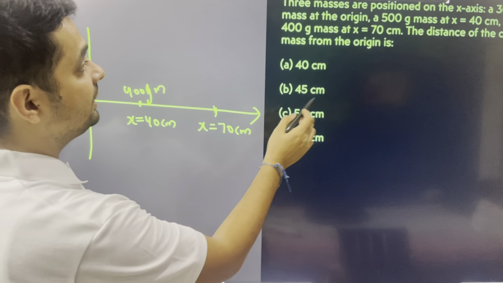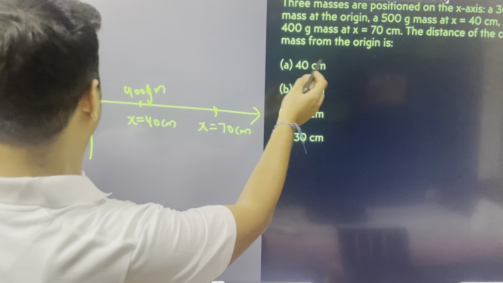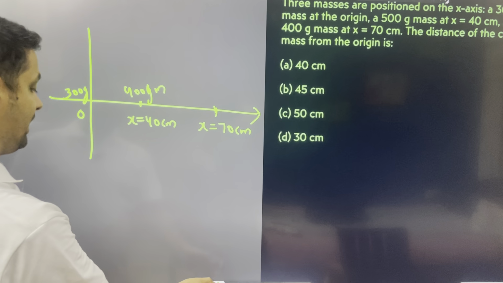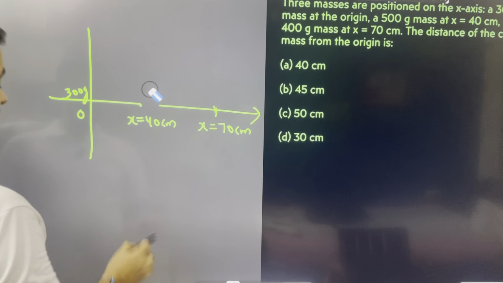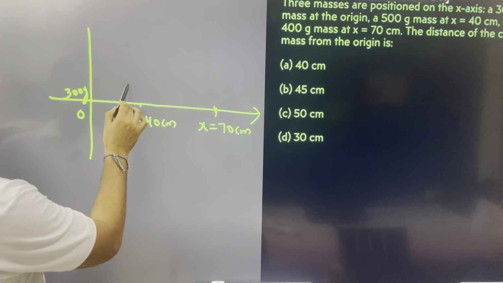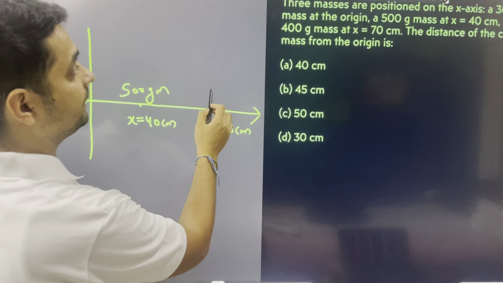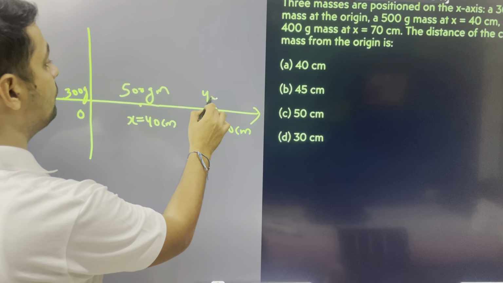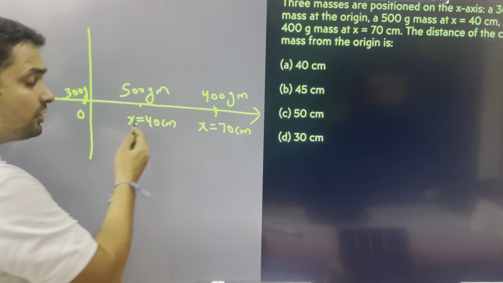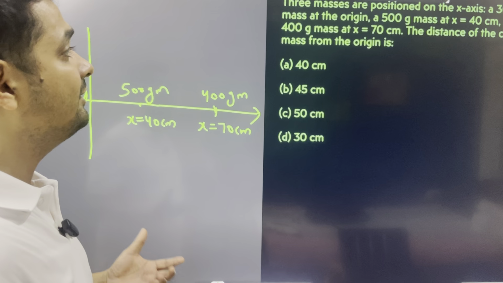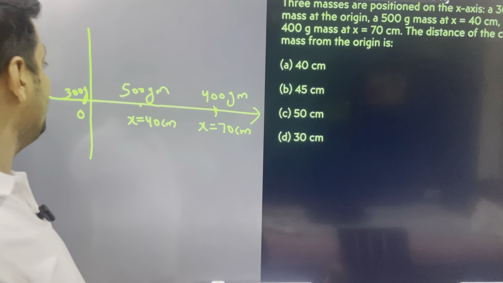How much mass is it? At this point it is 400 gram. At x equals 70 centimeter, it is 400 gram.